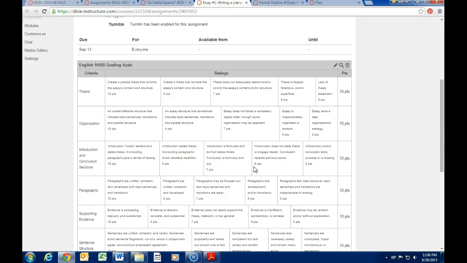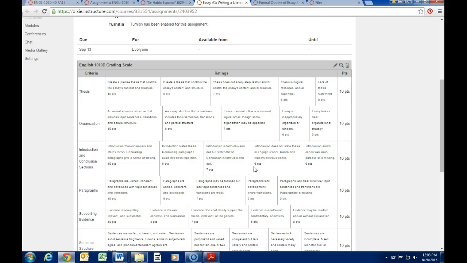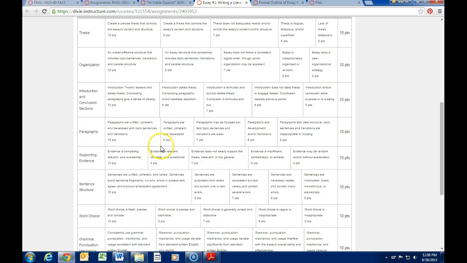Here is the rubric that I'll be using to grade your essays. I need to tweak it a little bit, but you should have a solid thesis. You should be well organized. You should have an identifiable introduction and conclusion. Paragraphs in the middle. The supporting evidence will be the details that you choose to include, the literacy events that you are writing about.